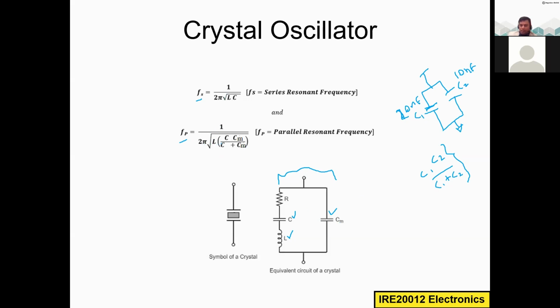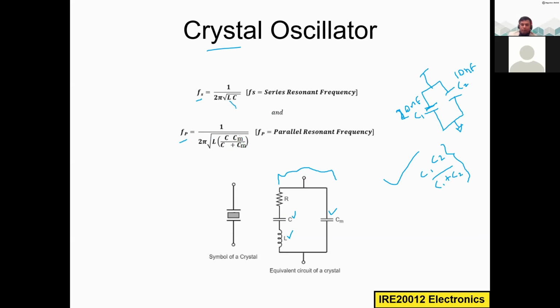Here C is not just a single capacitor, we have two different capacitors, C and Cm. That is why I wrote the formula like this: C multiplied by Cm divided by C plus Cm. So the same logic, and this is the formula for the parallel resonant frequency of the crystal oscillator.